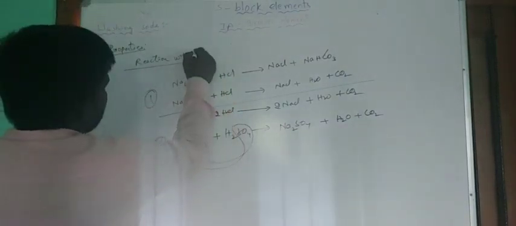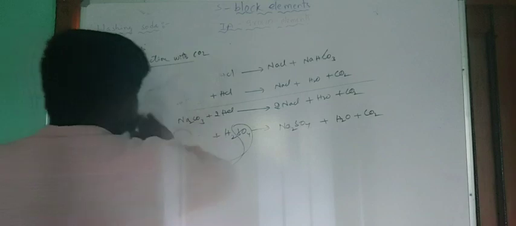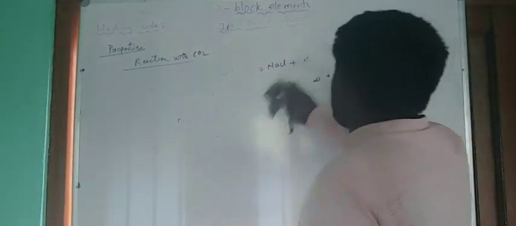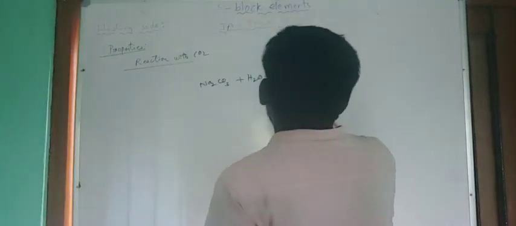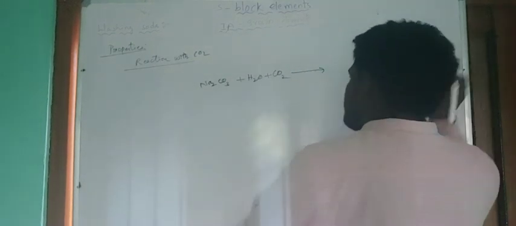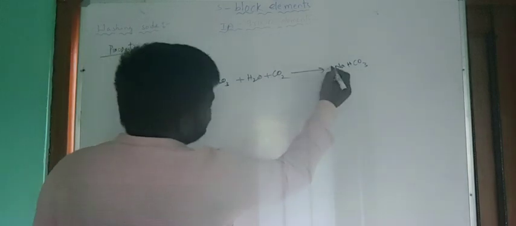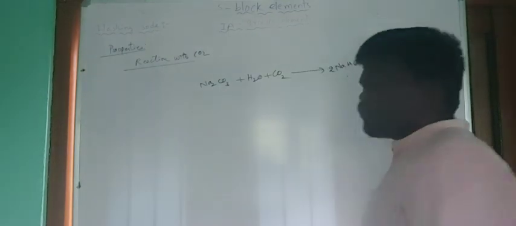Reaction with carbon dioxide. So let us see what happens when you treat sodium carbonate with carbon dioxide. So write Na2CO3 plus water and the next one carbon dioxide. Then you can get here 2 moles of NaHCO3, and this one is sparingly soluble in water.